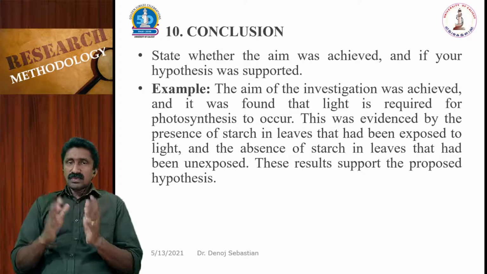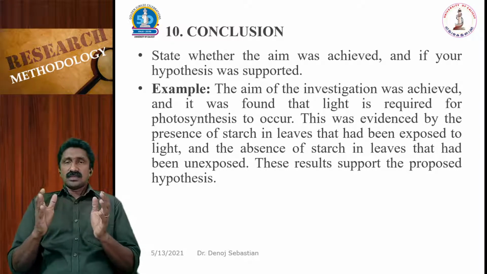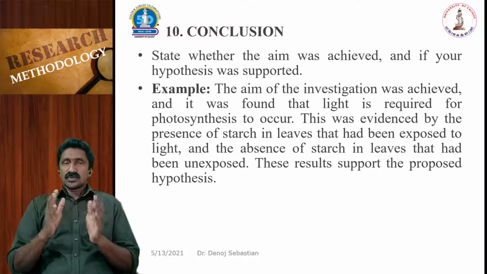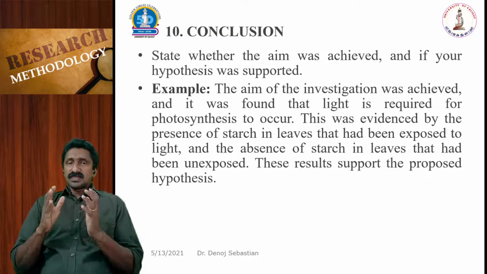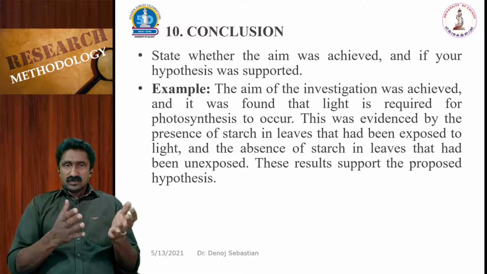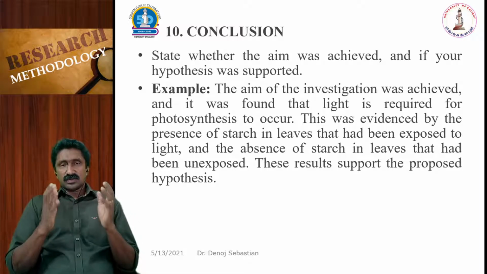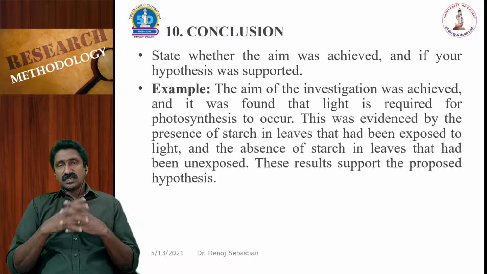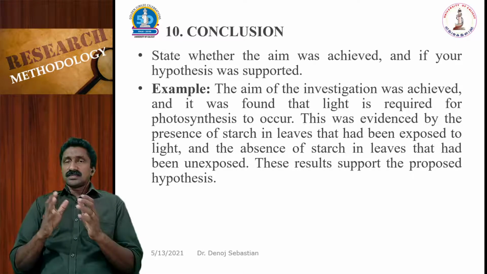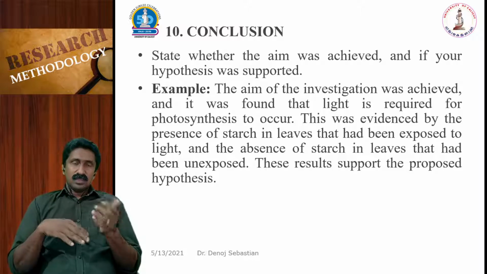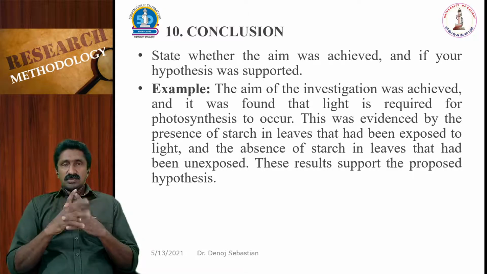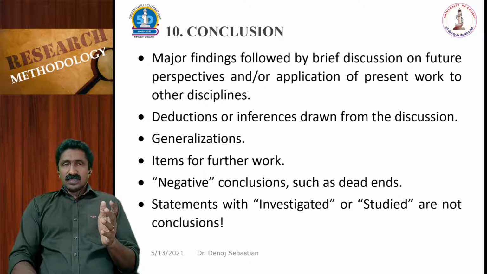This was evidenced by the presence of starch in the leaves that had been exposed to light, and the absence of starch in the leaves that had not been exposed. The highlights of the results can be mentioned there, and these results support the proposed hypothesis. Whether it supports or rejects the hypothesis, that needs to be mentioned in the conclusion.